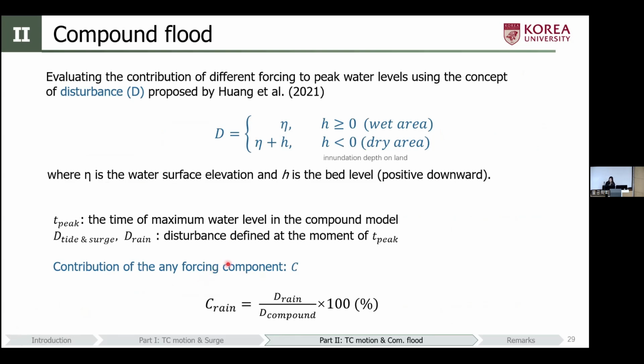To show this more obviously, we check the matrix of disturbance, the D. These represent the inundation depths, and we also calculate the contribution of each forcing component, C. So C rain means the inundation depths from the rain-only cases divided by the compound flood cases.